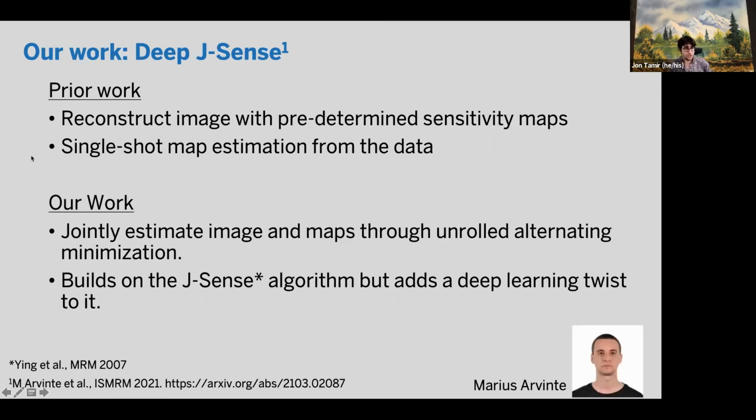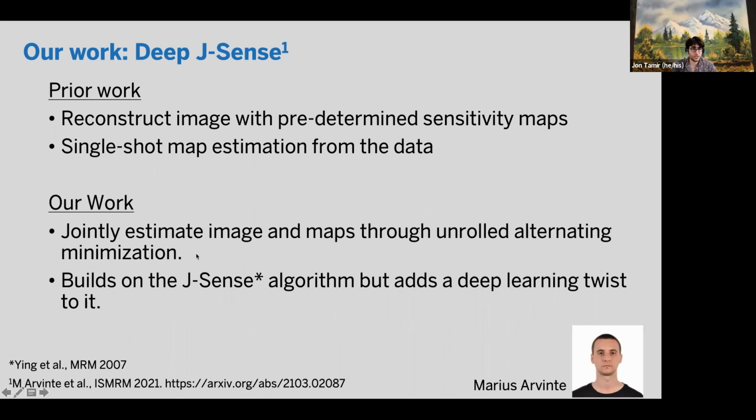Now, we've tried to address some of these issues, and our work, which we call Deep JSENSE, tries to estimate the sensitivity maps and the image in a joint manner. And so the prior work reconstructs the image with predetermined sensitivity maps. And these sensitivity maps are either estimated through some type of deep learning method, which is something relatively new, or they're estimated with classical methods that come out of signal processing literature.